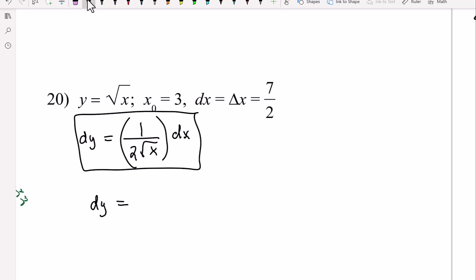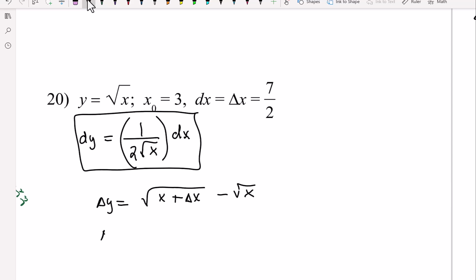So dy, or delta y, is 1 over 2 times the square root of x plus delta x minus, we don't use that, we use the original. I apologize. Square root of x plus delta x minus square root of x.